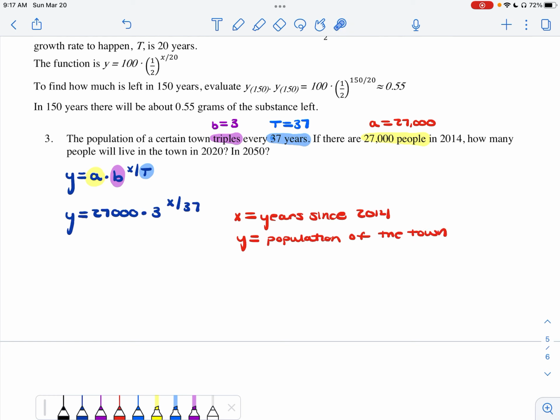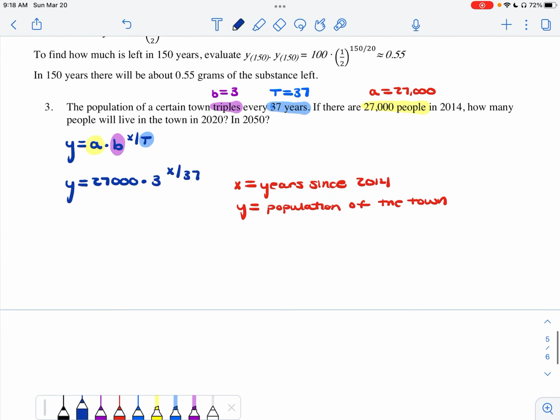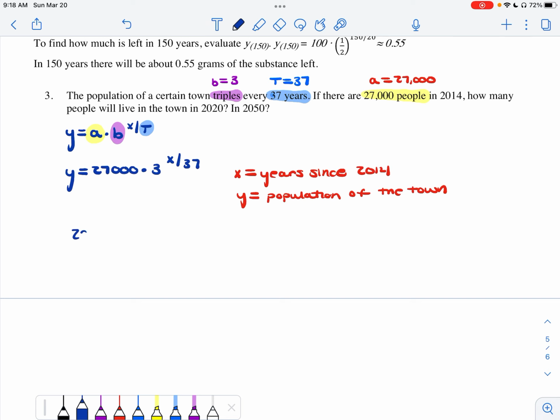Now we can actually answer the question. You always have to build your model before you can answer any questions about it. We want to know how many people will live in the town in the year 2020 and in the year 2050. Let's start with 2020.